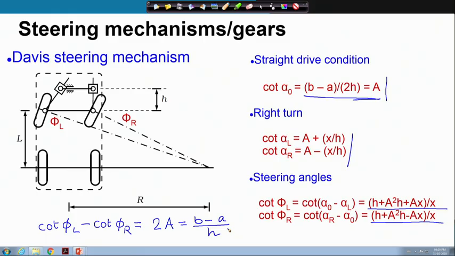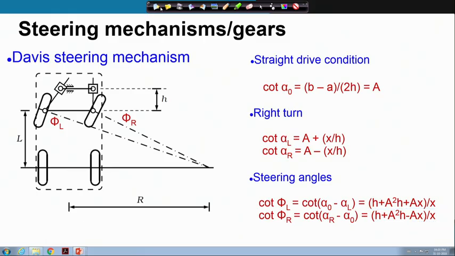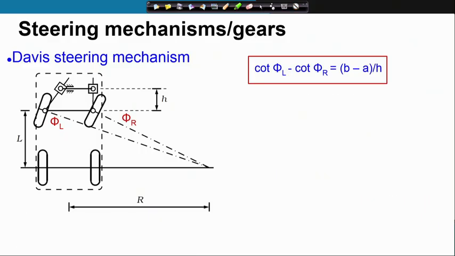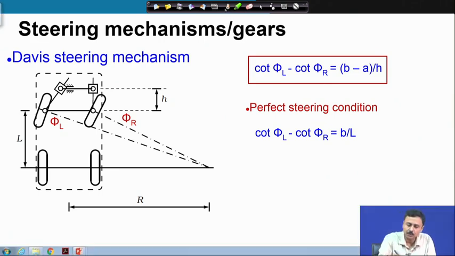Now, recall that for the perfect steering condition, we must have cotangent phi L minus cotangent phi R equal to b over L, which means that if I want to achieve perfect steering in the case of Davy steering, I must have b minus a by h equal to b over L.